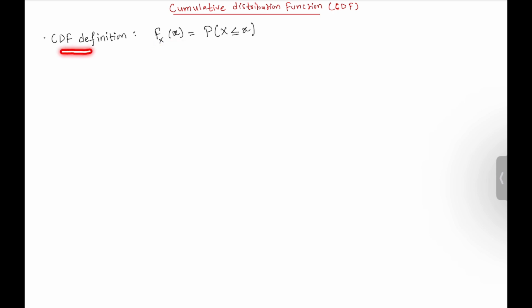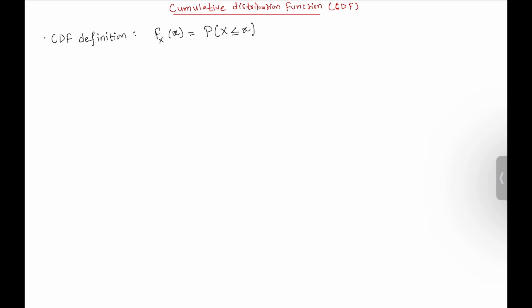The cumulative distribution function is nothing but finding the probability that the random variable takes a value less than or equal to little x. Let me first talk about the continuous random variable.